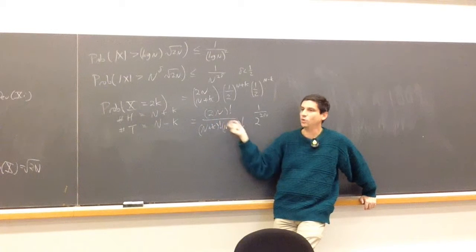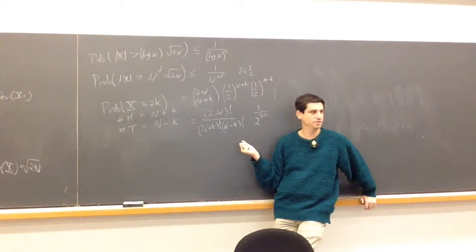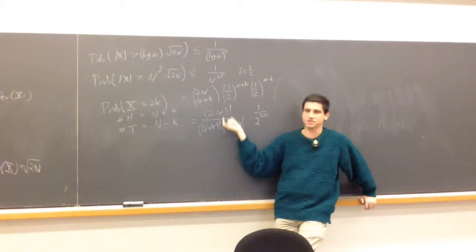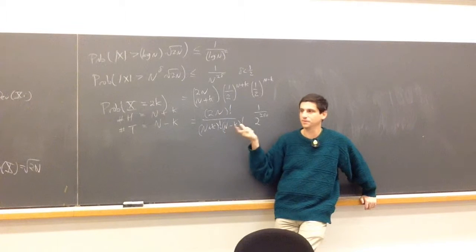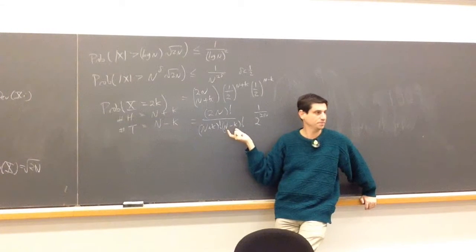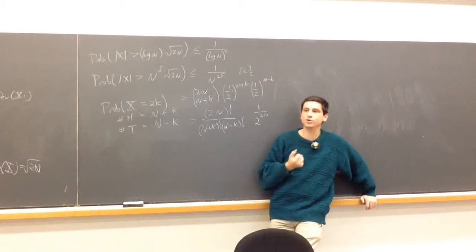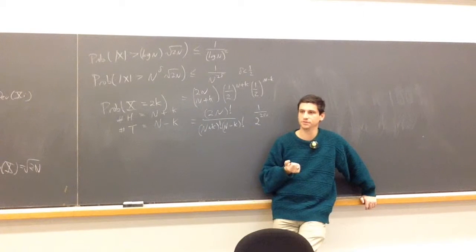Hopefully you can begin to see now why we are using Chebyshev. How would you like to approximate this? What could we use to approximate this? We could use Stirling. What must be true if we're going to use Stirling's formula?